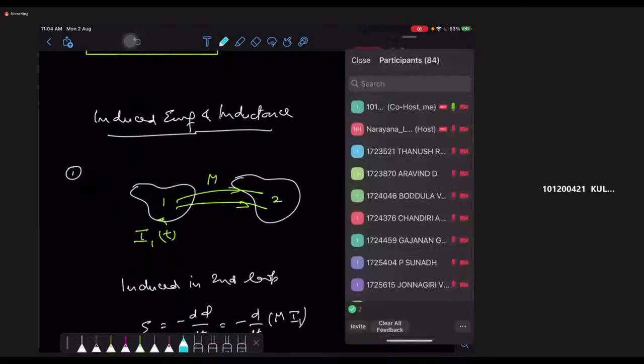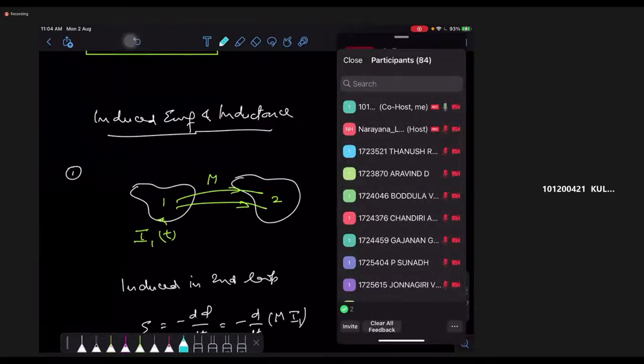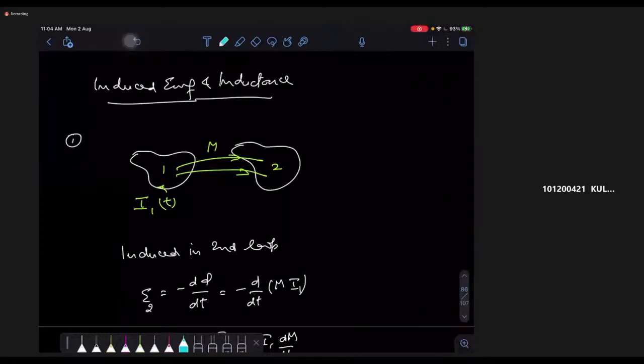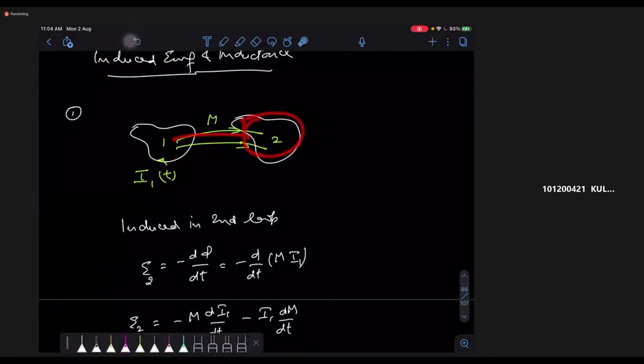What is the importance of the inductance? There is a great importance of the inductance here. Suppose I change the current in my one circuit, it will affect the second circuit, because in my second circuit, flux depends upon the first current, and flux change generates the induced EMF.